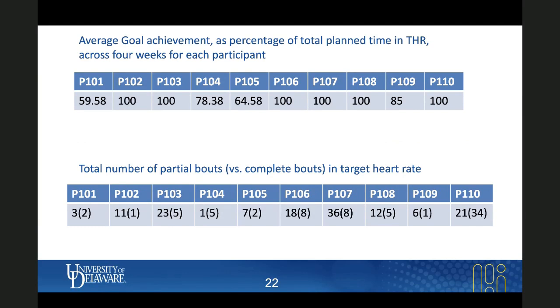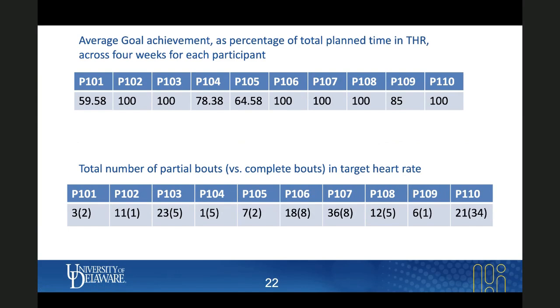So if you maintained your target heart rate for 50 minutes, irrespective of the bouts, you would be something close to 90%. This is the percentage that they maintained in their target heart rate, a majority. So the percentage jumped up from 41.8% to around 82%. There was a huge difference.